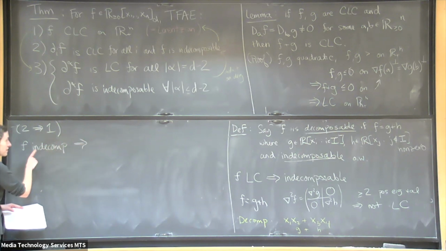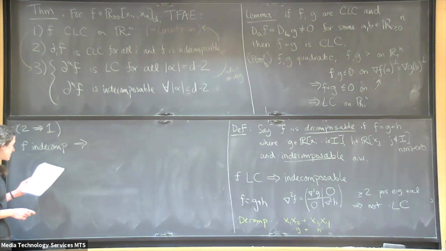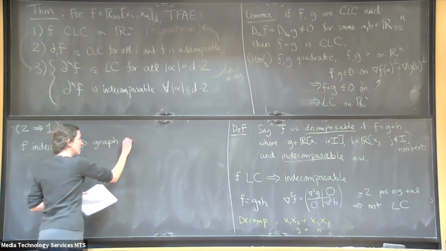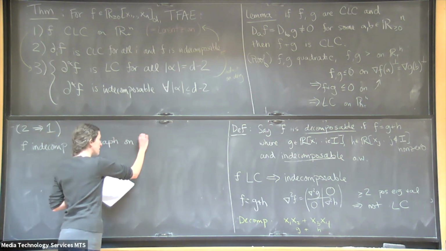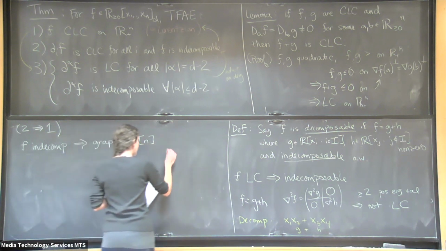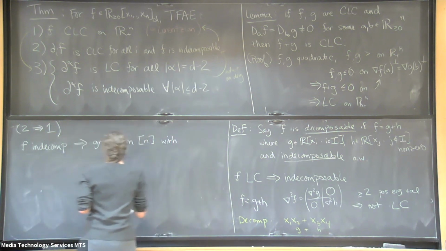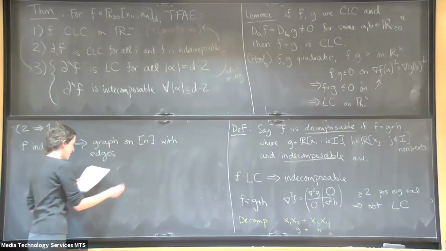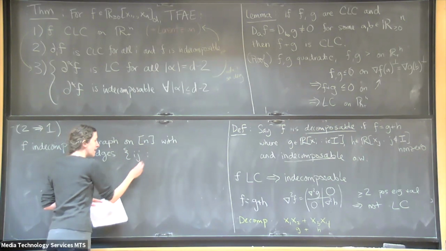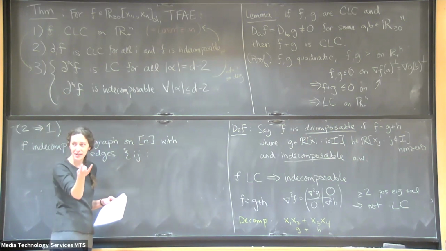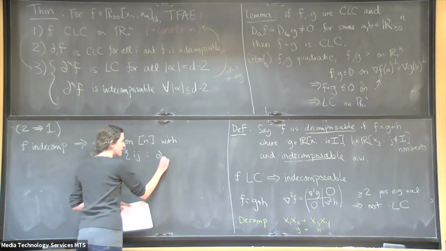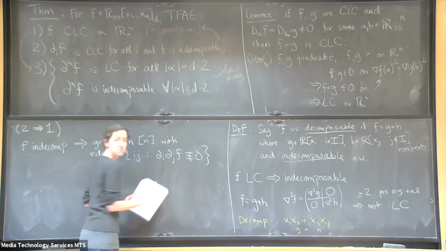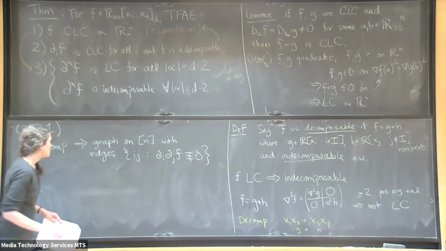Actually, another nice way of saying that F is decomposable is that if you took a graph on your vertices 1 through n, and you put an edge between i and j if x_i and x_j show up in a common monomial, in particular if the derivative with respect to both is not identically zero, then this graph is connected.